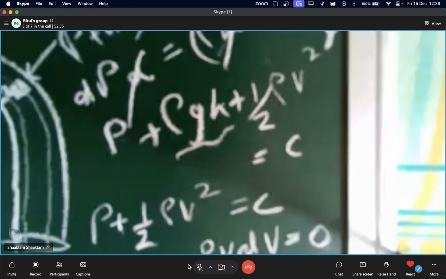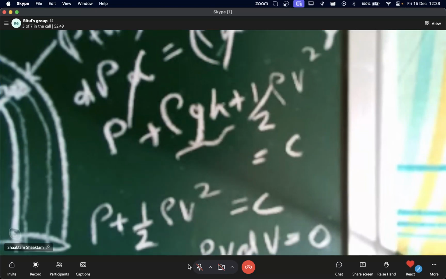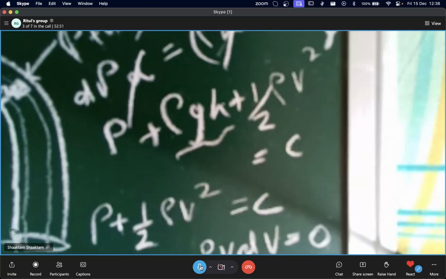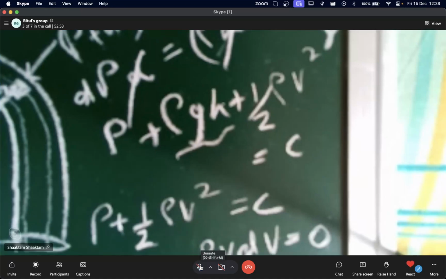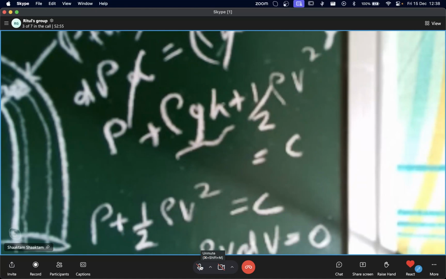Substituting for dP will end up with what he did hint at, that pressure certainly will change, and pressure and velocity have an inverse relation. Agreed? Pressure and velocity have inverse relation. Increment in one ought to bring decrement in the other. This will show you how velocity is varying with R.